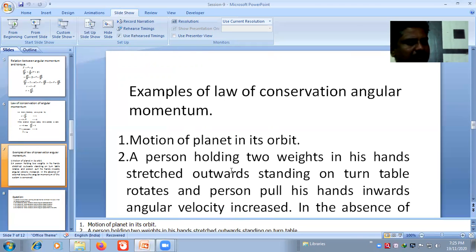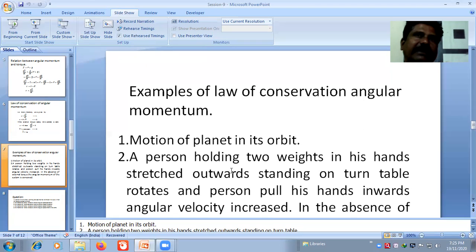After a certain period of time, that person is set in a slow rotatory motion, and after that, if he drops his hands, what happens there? The rotation increases rapidly.